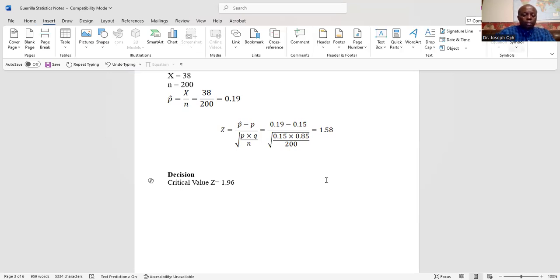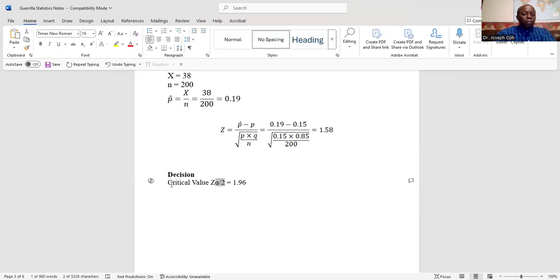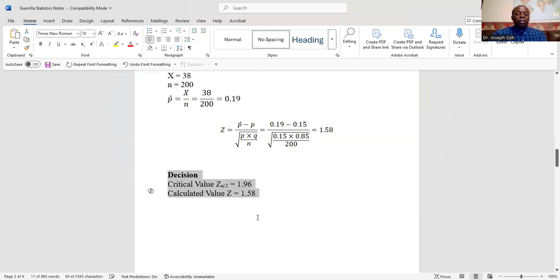The calculated value, that's our answer. The calculated value is Z equals 1.58.